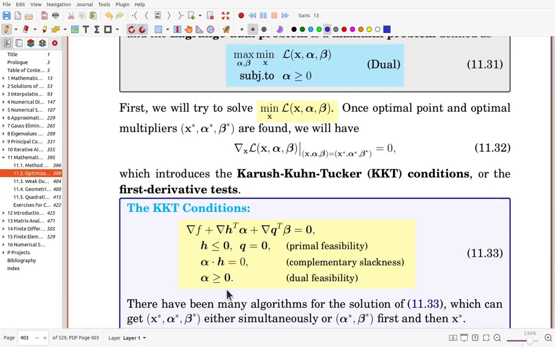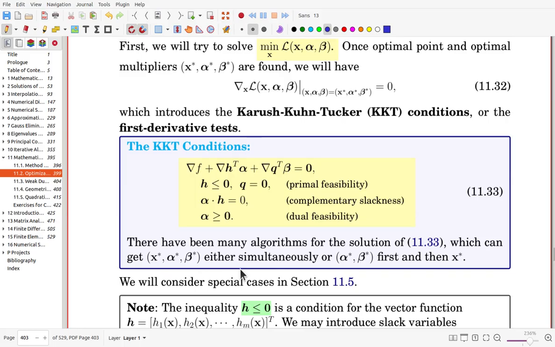Also, earlier we saw that at the optimum, complementary slackness must be satisfied, so we have another condition, alpha dot h must be 0. That is the system of equations to be solved to decide alpha, beta, and x.